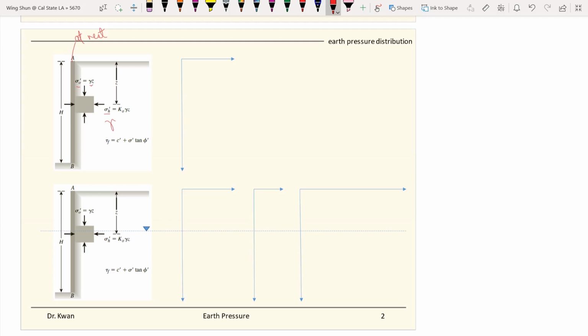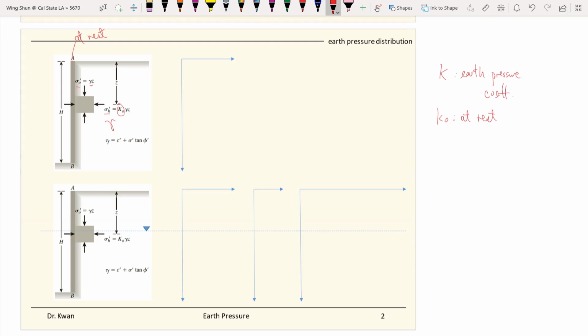Sorry, first the vertical stress, and the horizontal stress is a function of the vertical stress. For the at-rest condition, you will have the K naught parameter. The K here stands for the earth pressure coefficient, and K naught is the at-rest coefficient, because at rest means the wall here is not moving.